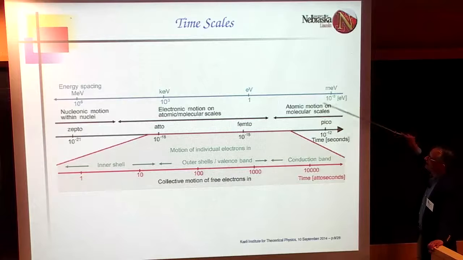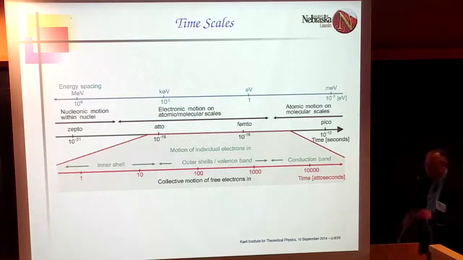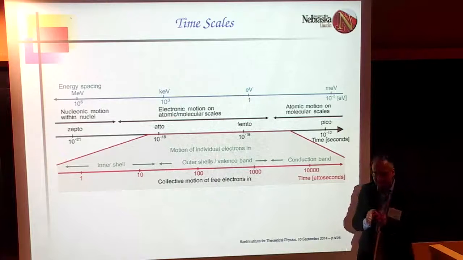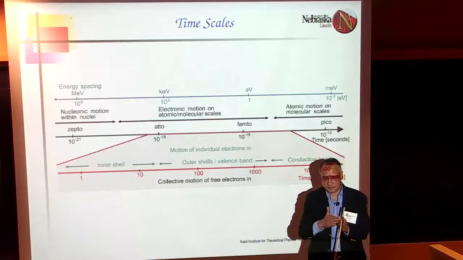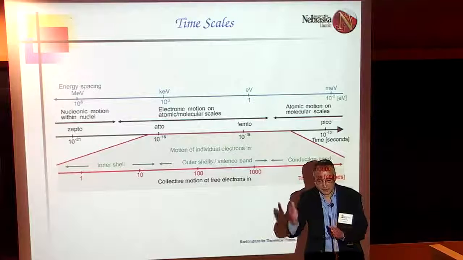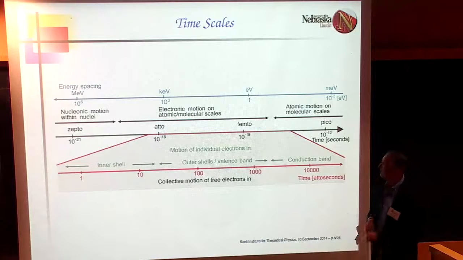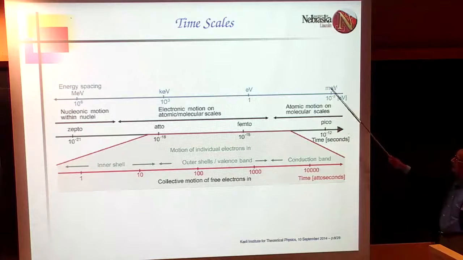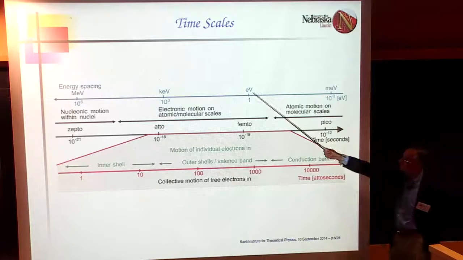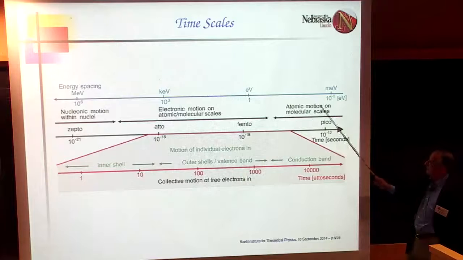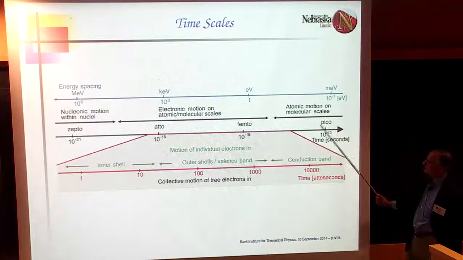And the energies involved range from a thousandth of an electron volt up to an electron volt. An electron volt is if you took a single electron and accelerated it through a 1 volt potential, its energy after acceleration would equal 1 electron volt. And atomic motions are measured on thousandths of an electron volt up to an electron volt, and the time scales are on picoseconds.